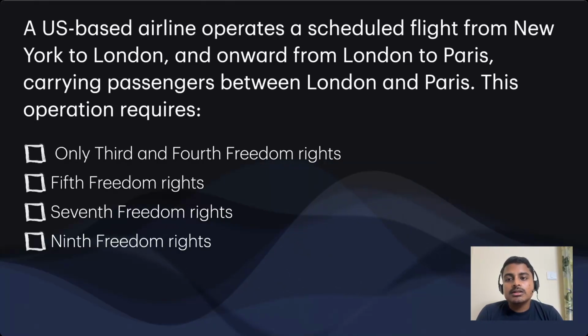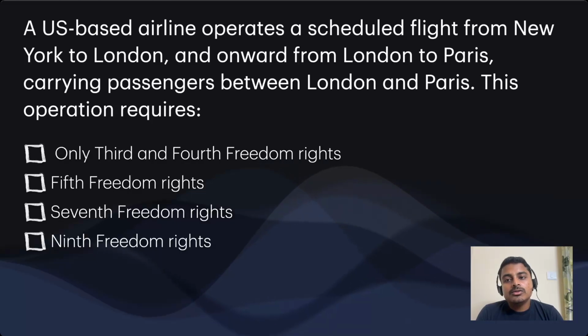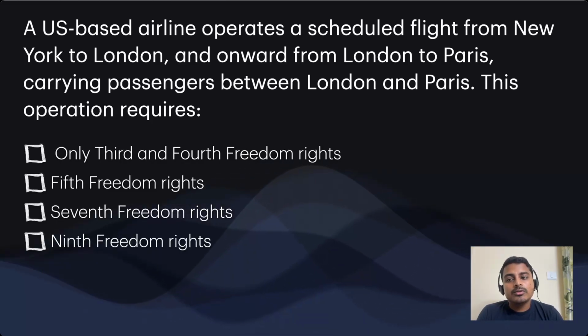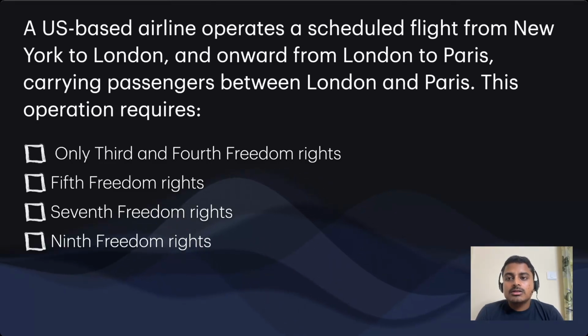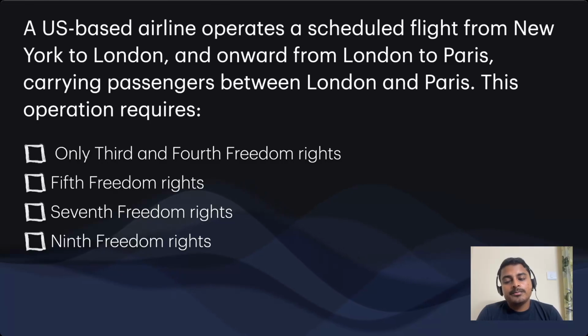Since New York is part of its route, that is why it is able to operate flights from London to Paris. It's going from New York to London and then to Paris, and it is able to operate the flights from London to Paris because New York is part of the route. That is what was discussed in the fifth freedom of air. So the correct answer is the fifth freedom rights.